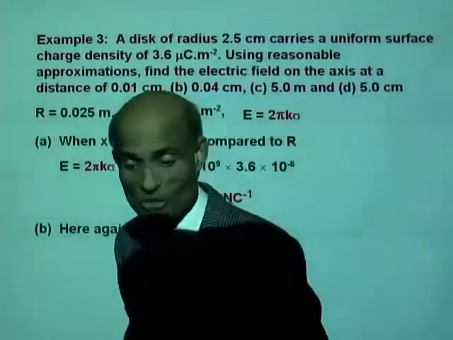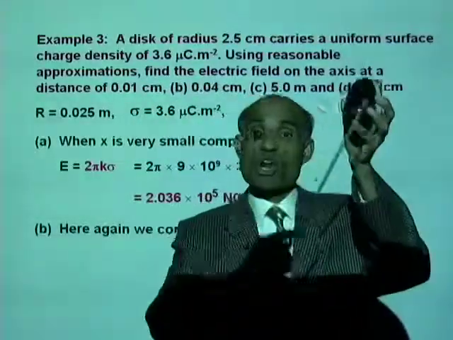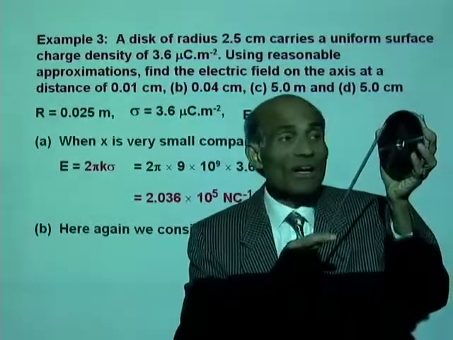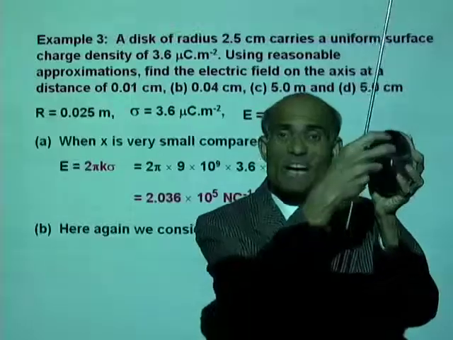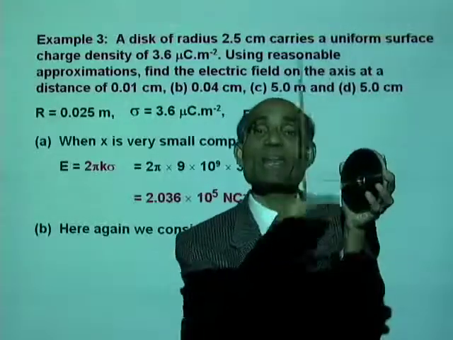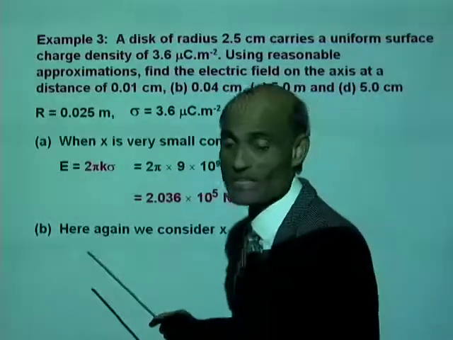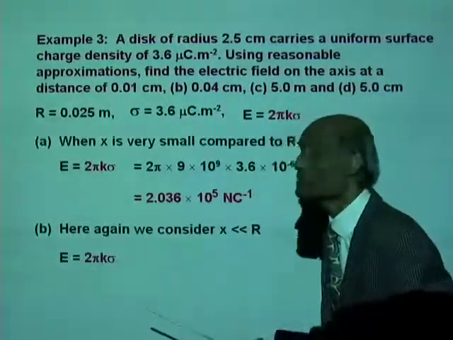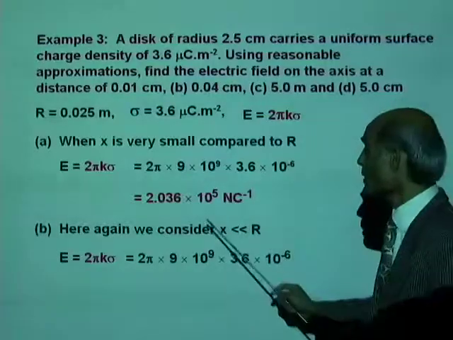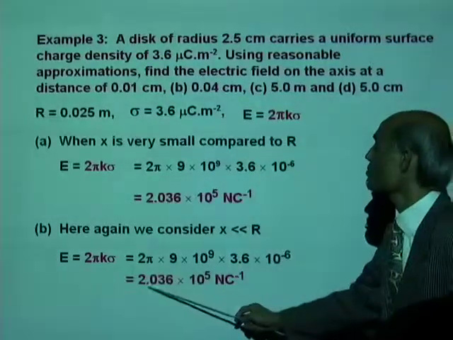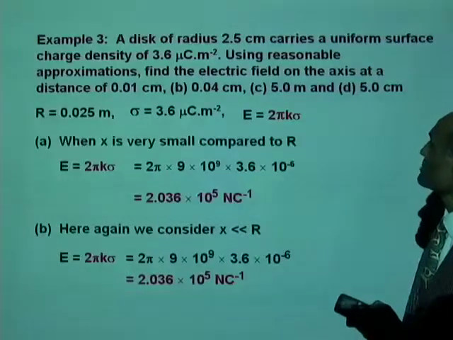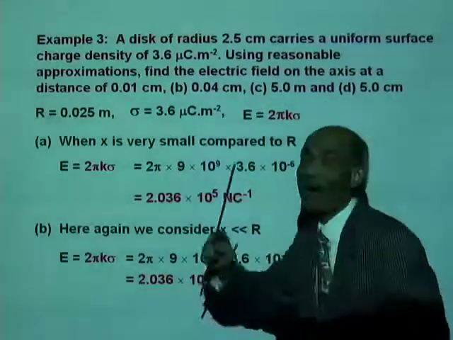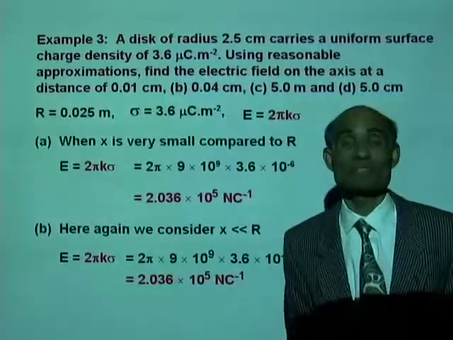You see, what that means is, if the disk is very large, at points which are sufficiently close, the electric field will be all the same. So at this point also, E equal to 2 pi k sigma, which is the same as 2.036 times 10 to the 5. How about the electric field at 5 meter from the disk?